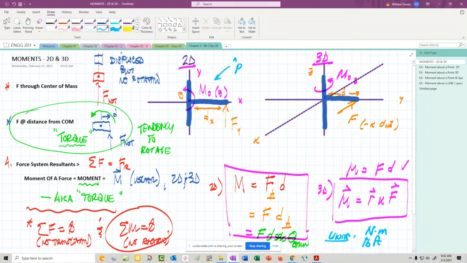In this one, it's really about a point. And here we're finding it about an axis when we go to 3D. And the general case for the equations is just force times distance. All right, any questions up to that point?